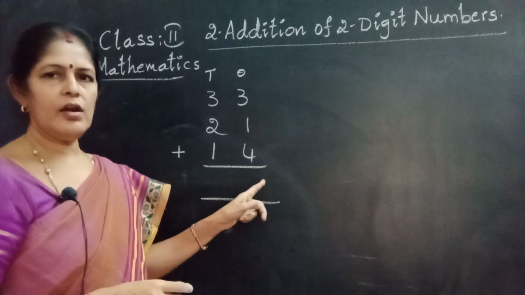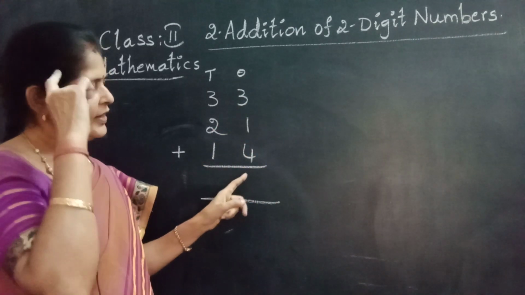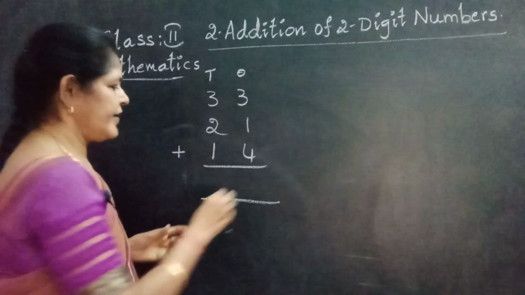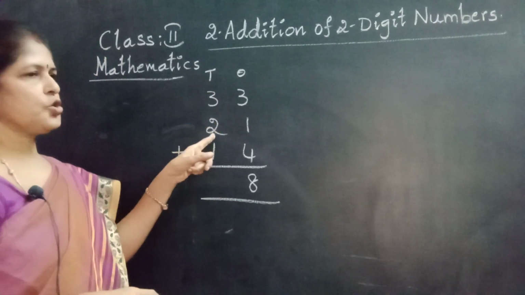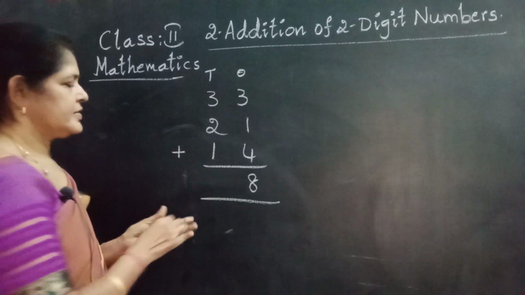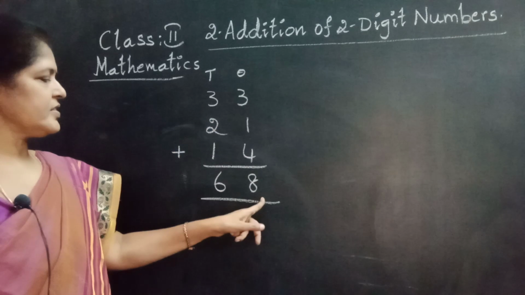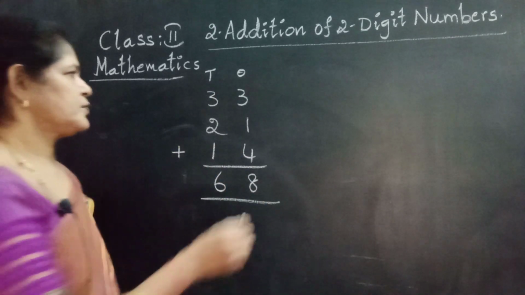That is the rule in addition. 3 plus 1, 4. 4 in the mind. Take 4 fingers, then 5, 6, 7, 8. 8 ones. Now adding tens. 3 plus 2, yes, 5. 5 plus 1, 6. 68. First adding ones, write in the ones place. Next adding tens, write in the tens place.